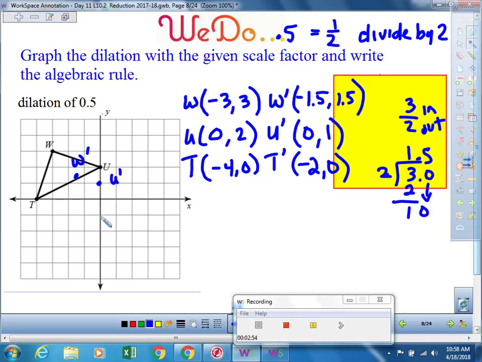U prime, over -2, up 0, T prime. It should remain the same shape, just smaller. Okay, any questions?